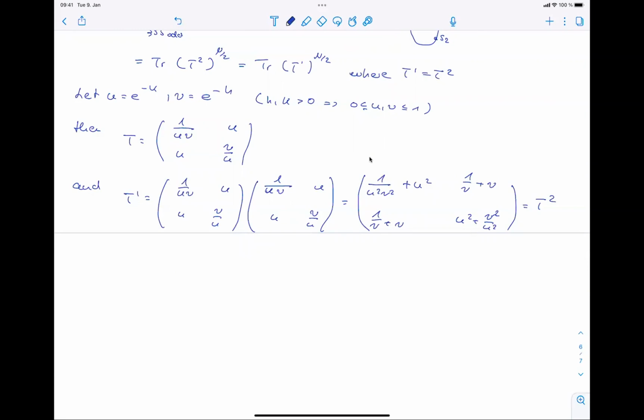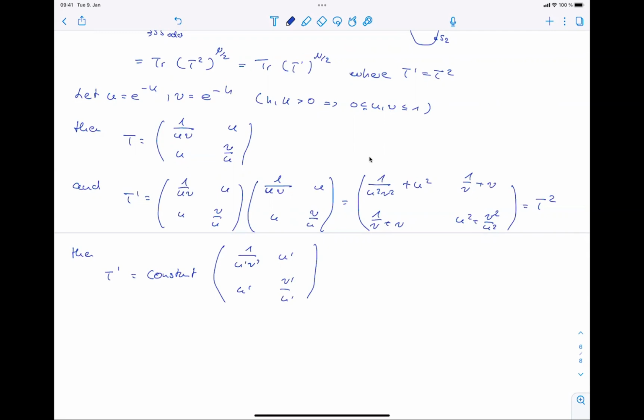Now I want to write this transfer matrix as some kind of constant I don't care about, but of the same structure, right? I want to have a u prime, v prime, u prime, u prime, v prime over u prime. Kind of structure.